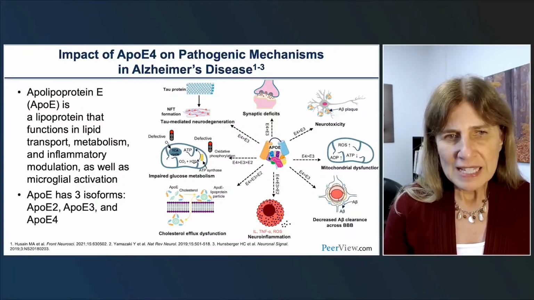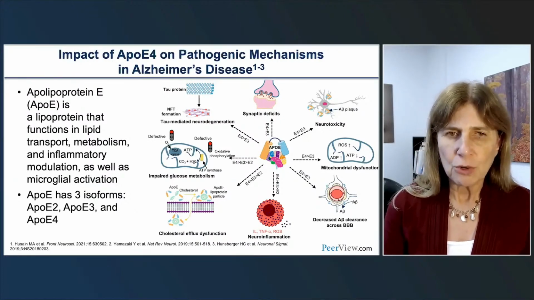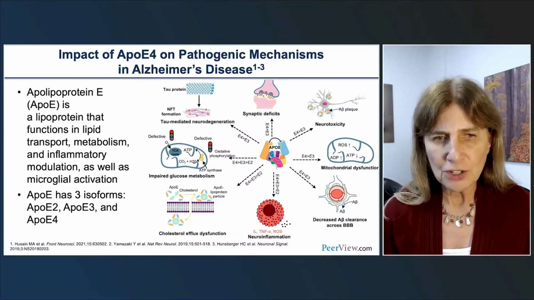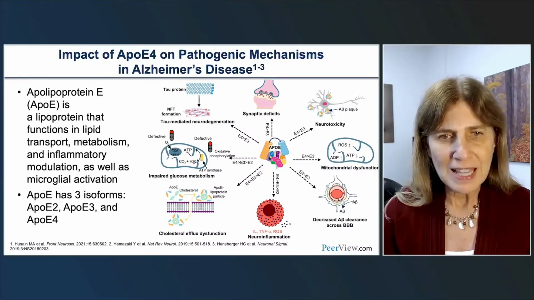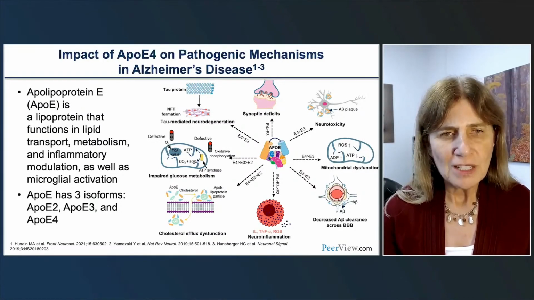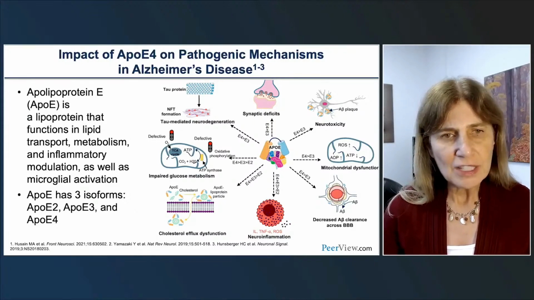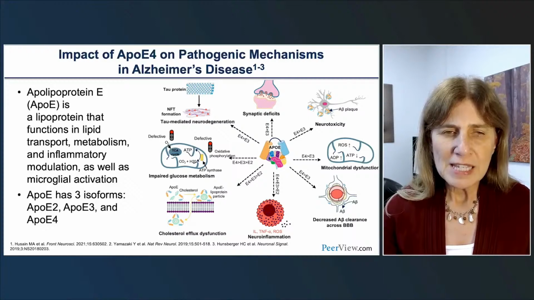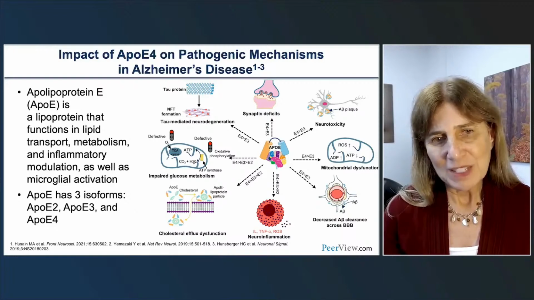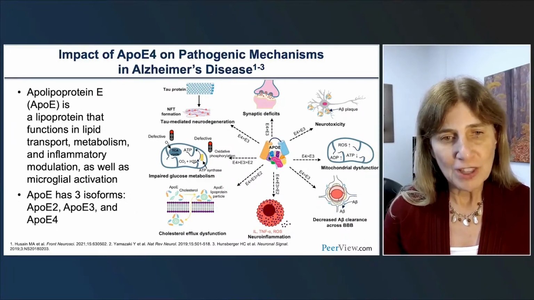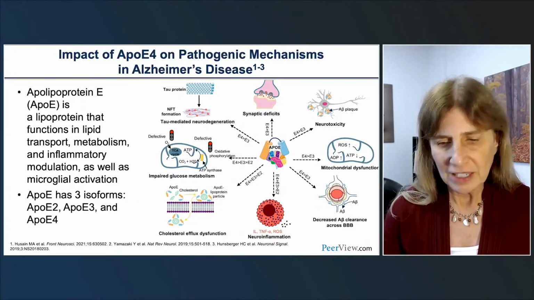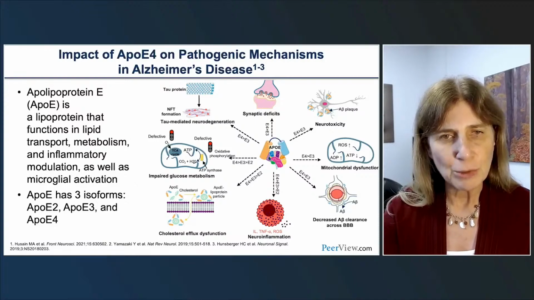And what we see on this slide is that the different isoforms of ApoE have different actions, or relative actions, with relationship to things like glucose metabolism, cholesterol transport, but particularly for Alzheimer's disease, clearance of A beta, influencing the rate of hyperphosphorylation of tau, and synaptic deficits as well. They contribute to that, and mitochondrial function. So which ApoE alleles you inherit are important in a disease like Alzheimer's disease.